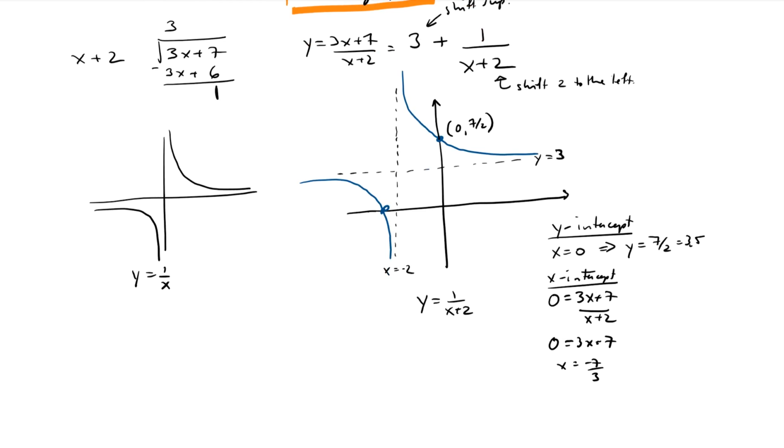Which makes sense, I've got a negative value here. So the x-intercept is (minus 7/3, 0), and my y-intercept is (0, 7/2).